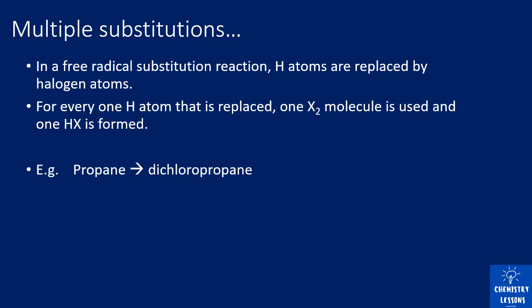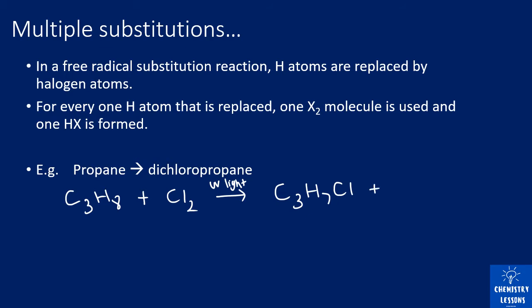So let me give you an example of that. So if we were to look at something like propane, now propane is C3H8. Now, if propane was to react with chlorine in UV conditions, under UV light, that's your trigger, remember, to recognize that it's a free radical substitution, we would get the substitution of one halogen to make HCl and your chloropropane.